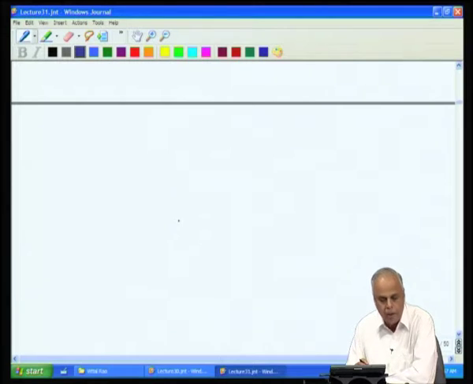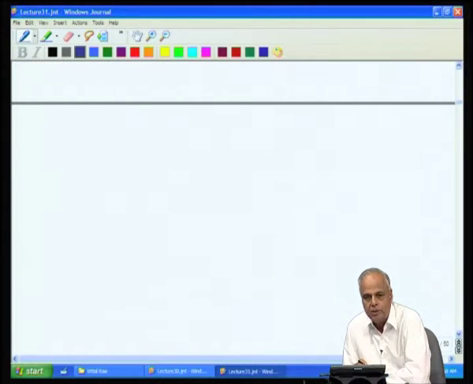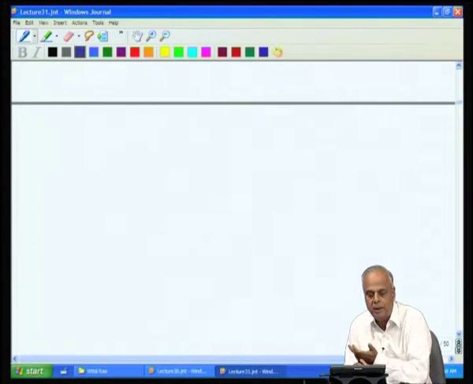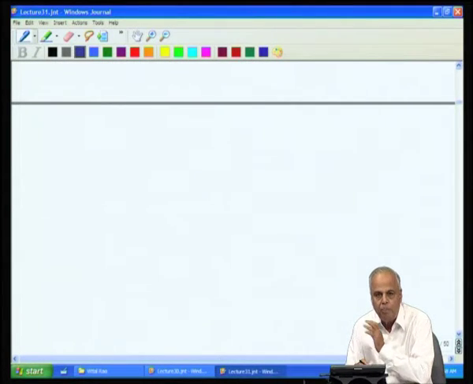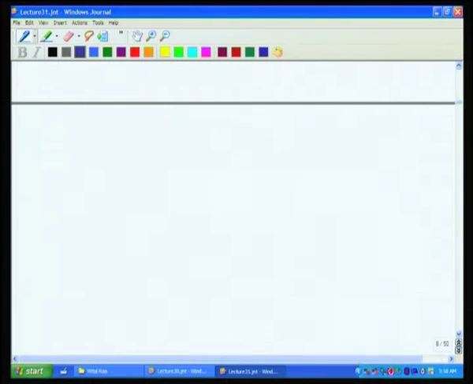Now, for this purpose, and also for other purposes that you may study in advanced courses in linear algebra, there are several polynomials that play a crucial role in analyzing a matrix. There are several polynomials associated with a given matrix.